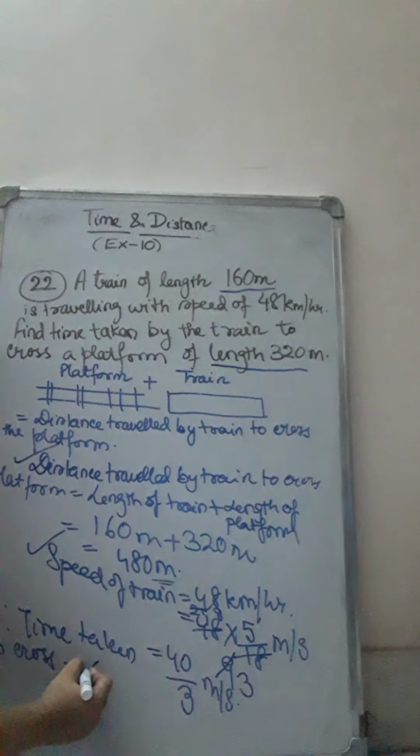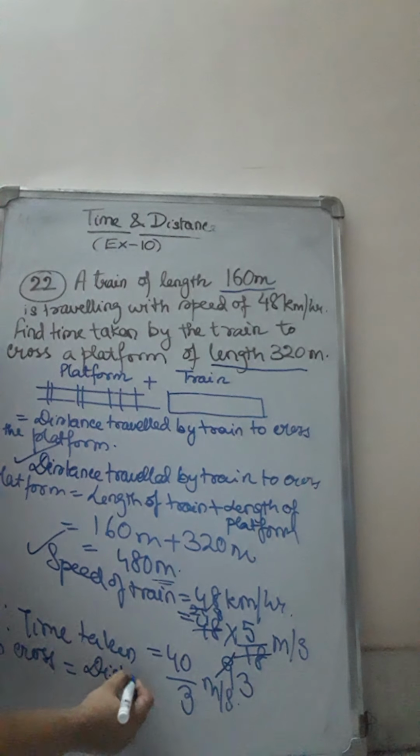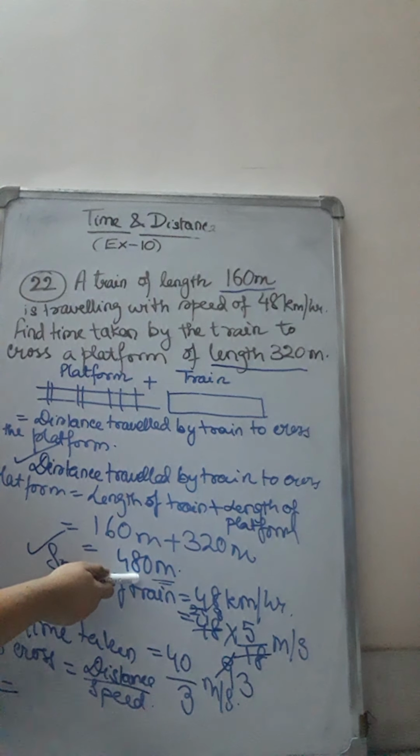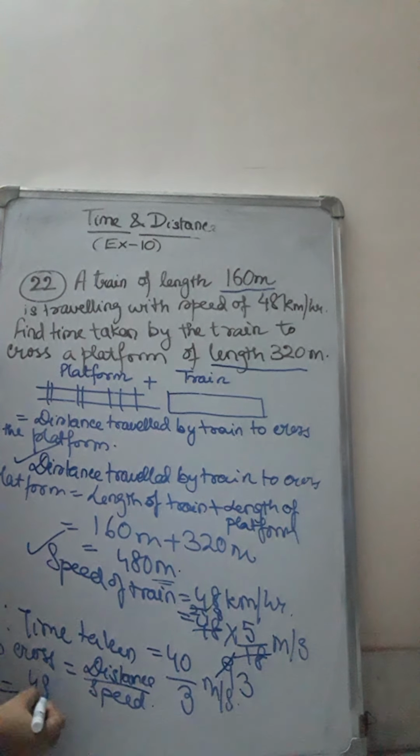Time equals distance by speed. We already have the distance it has travelled to cross the platform, 480 meters, divided by the speed, 40 by 3 meters per second. Now we will solve this and arrive at the answer.